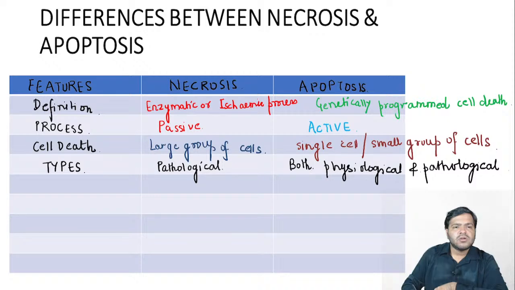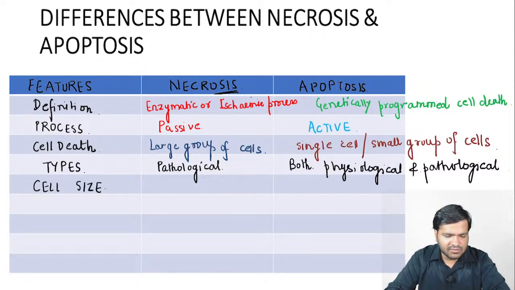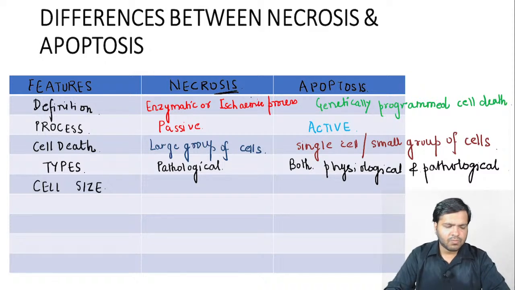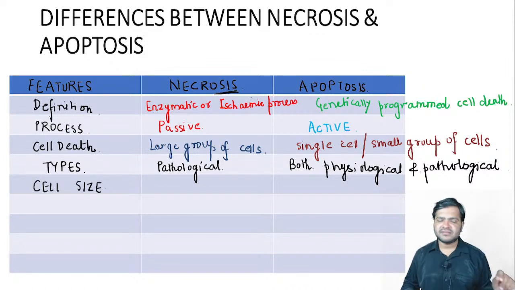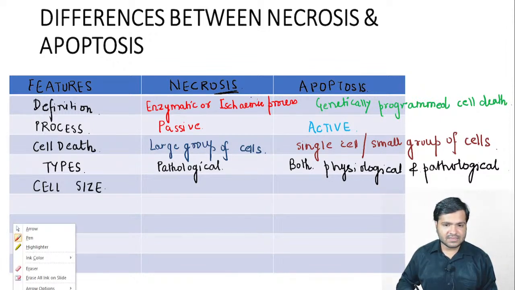Coming on to the next part, that is the cell size. Now, can anyone tell me what happens to the cell size in necrosis? Is it increasing or decreasing?